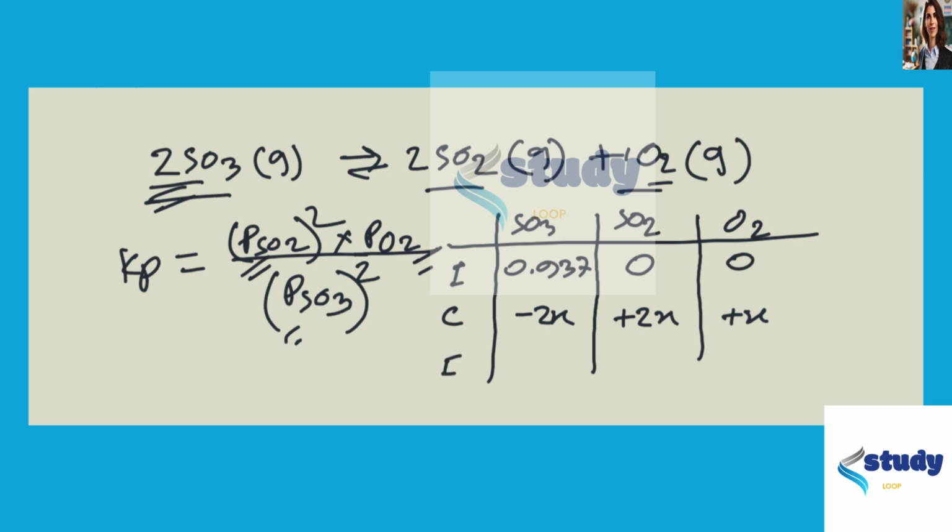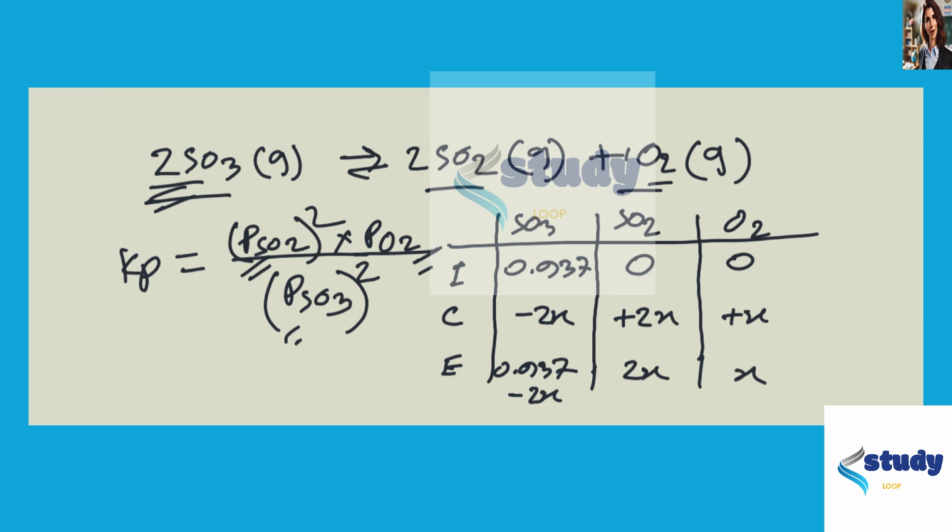And then at the equilibrium we will have 0.937 minus 2x as the equilibrium pressure of sulfur trioxide, and for sulfur dioxide it will be 2x, and for oxygen it will be x. That's how it will be the equilibrium pressure for each of the components here.